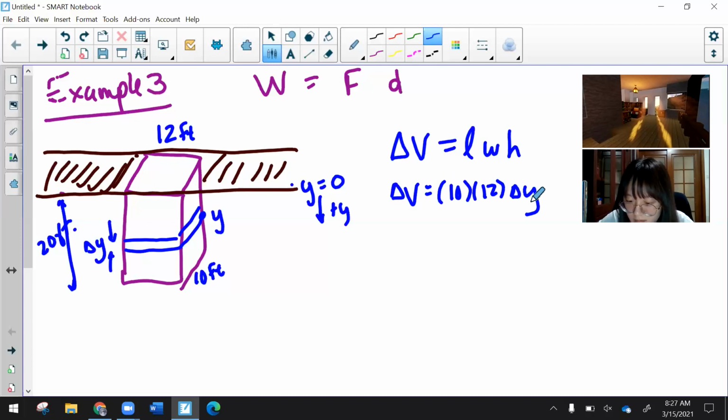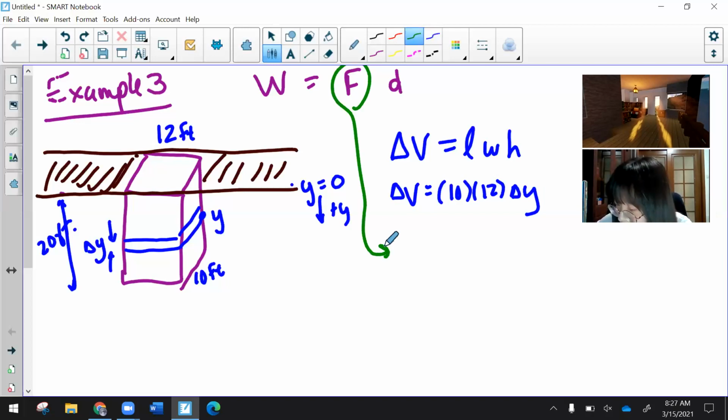Now we've been told that when we're dealing with lifting things, the force that it takes to lift it is equal to the weight of that object, right? So this F up here is going to be the weight.